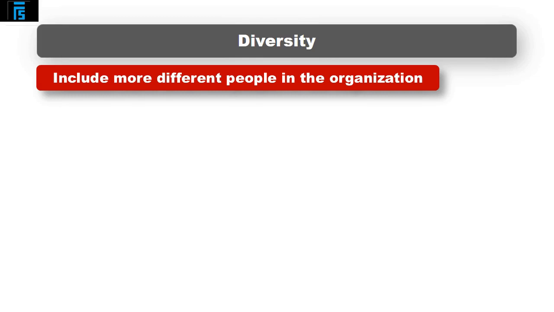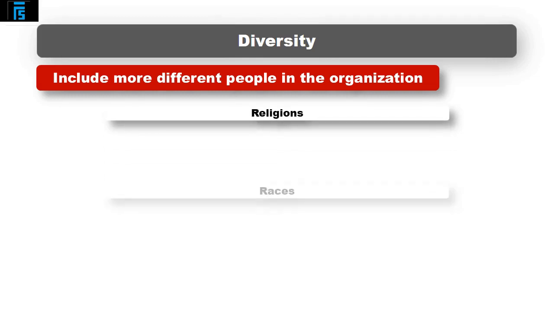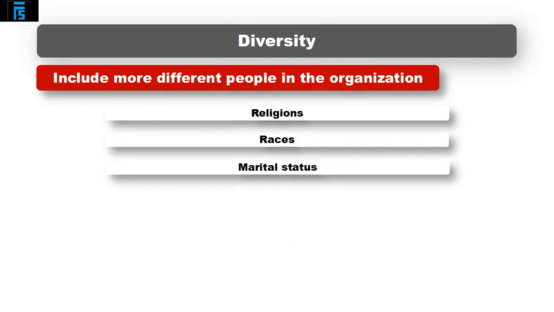So you might, for example, have a variety of religions, races, marital status. All of those might well be sensible ways to try and encourage different kinds of workers. You've always had workers with the same kind of background; now you're trying to encourage workers who are different.